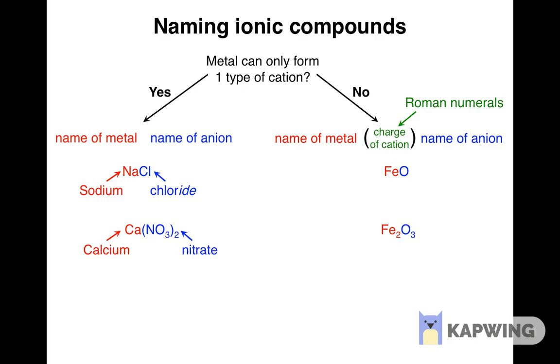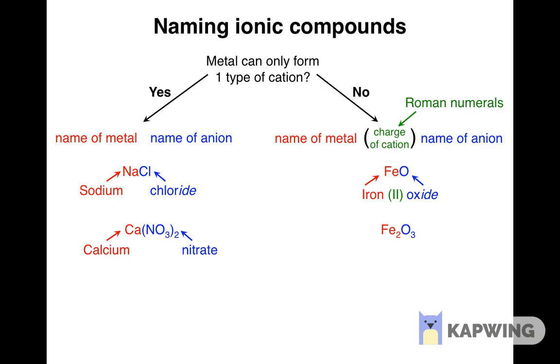The name of this compound is then iron(II) oxide: name of metal, plus magnitude of the charge of metal cation in parentheses in Roman numerals, plus name of anion. Because the anion is a single element, oxygen, the name of the anion is simply the name of the element modified so that it ends in "ide", oxide.